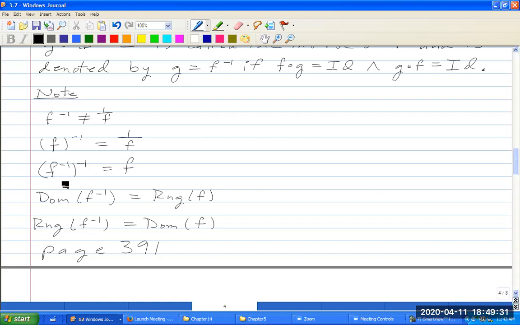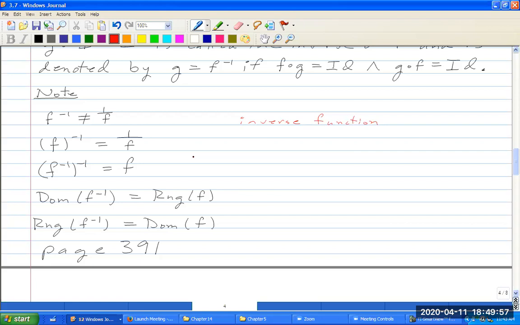Then a parentheses around it with a -1 means the inverse of this inverse function. So here it doesn't mean reciprocal. Here it does mean reciprocal, the multiplicative inverse. Here it means the inverse function.